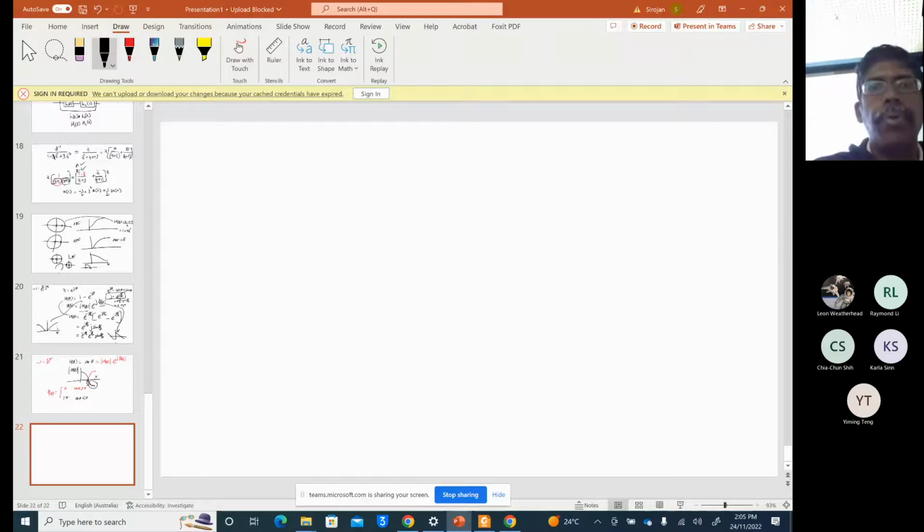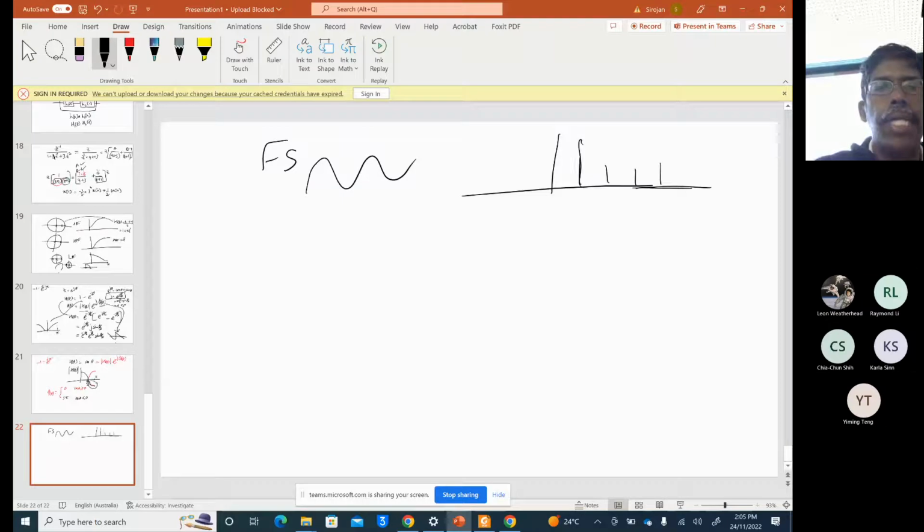So there are four things. One is Fourier series. For a periodic signal, you get the Fourier series as discrete values. So this is the fundamental and there are harmonics. And the continuous time Fourier transform that you already studied in some other subjects.